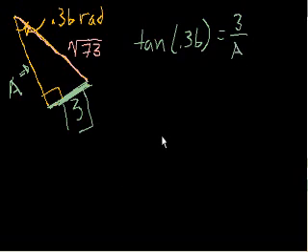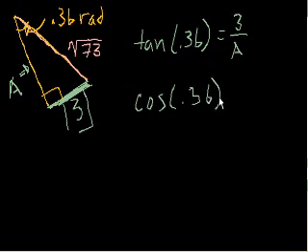Is there another trigonometry way we could think about this? Well, we also know the hypotenuse. What trig function uses the hypotenuse and the adjacent? Well, if you remember SOHCAHTOA, cosine is adjacent over hypotenuse. So we could say cosine of 0.36 is equal to adjacent over square root of 73.